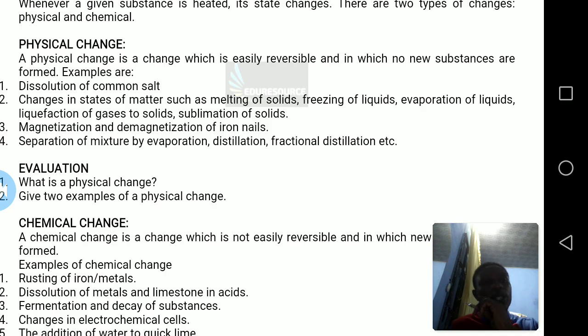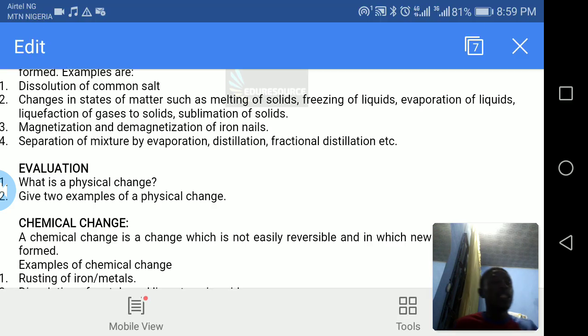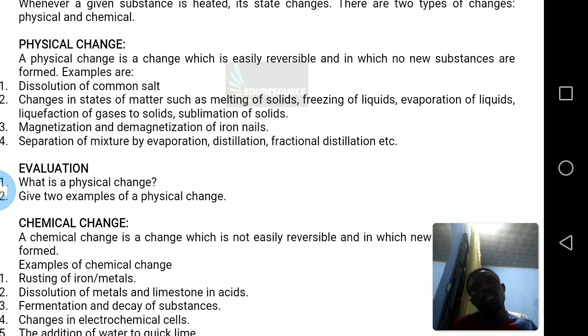Okay, so we have evaporation of liquids. Like I told you about the case of sugar cane, or even your powdered milk. You know that milk is actually liquid when it's being milked from the cow. So what they simply do is subject it to heating through the pot, through evaporation.